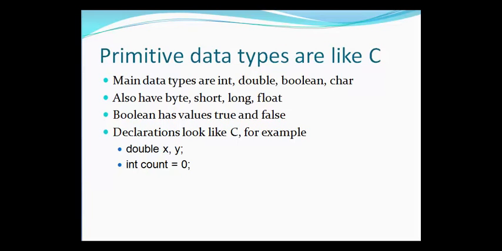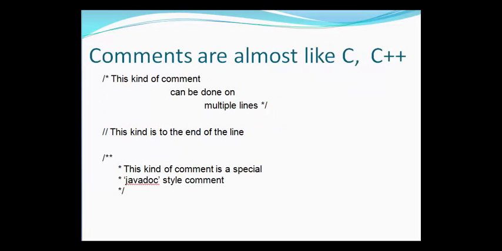Declarations are the same as in C, as we can see on the screen. Comments are almost like C and C++. As you can see, for multiple line commenting, we can use these types of expressions. Then we have single line commenting, same as we have used before.